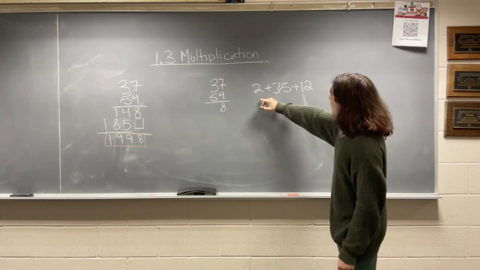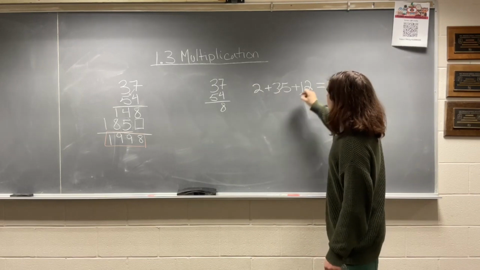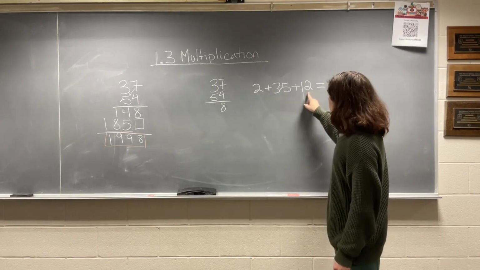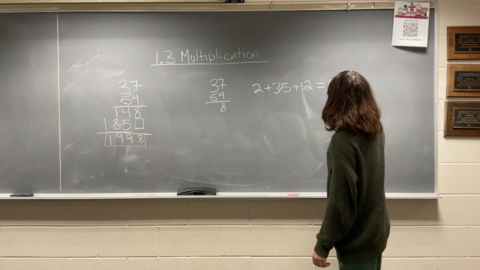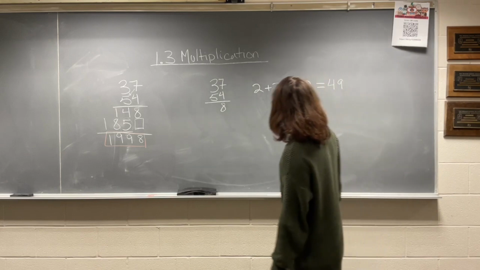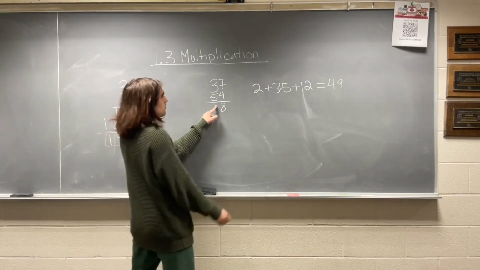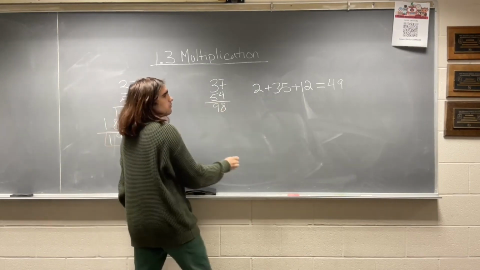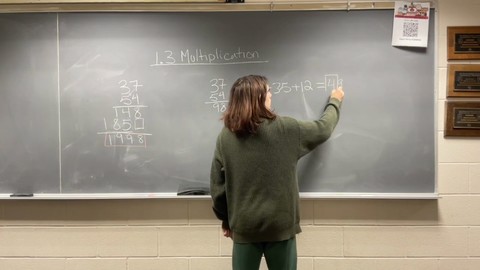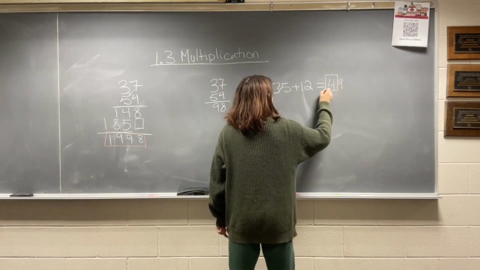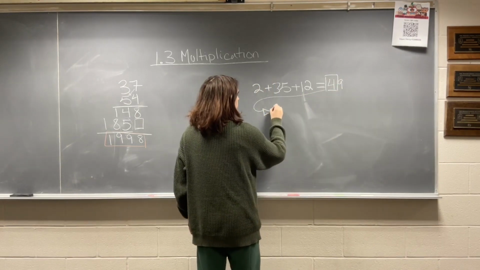Then we add all of this up, where 2 plus 2 will be 4. So what we'll get right here is 49. We put the 9 right here, and we move this 4, since it's in the tens place, into the next addition that we're going to do.